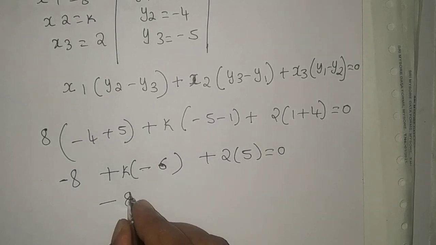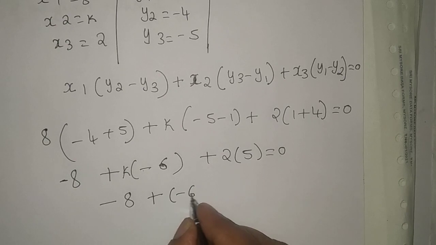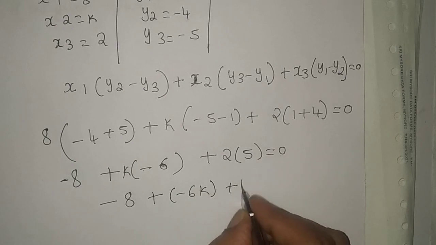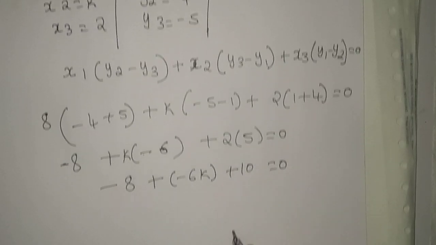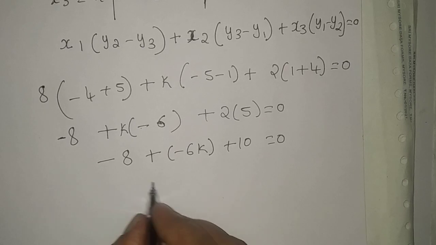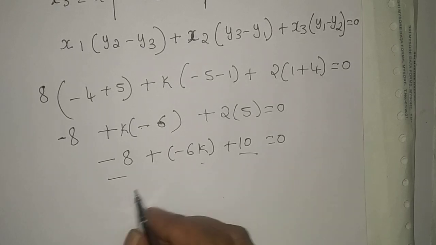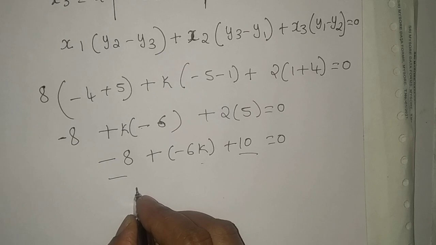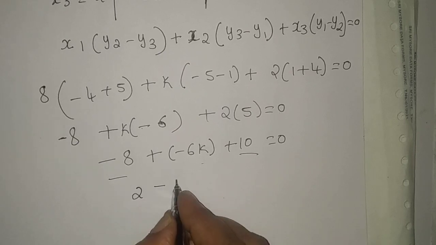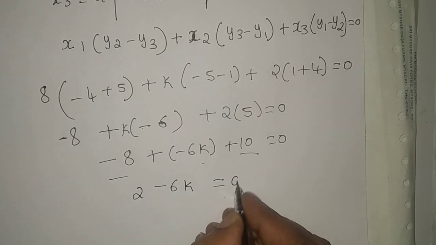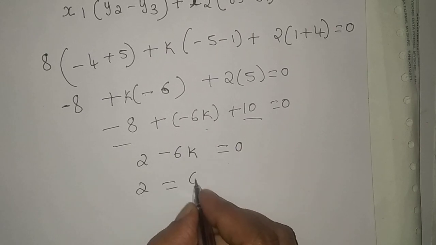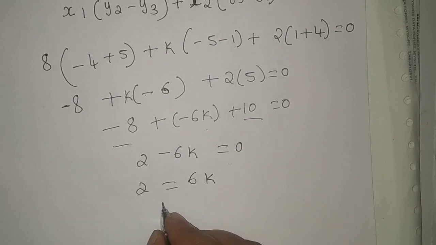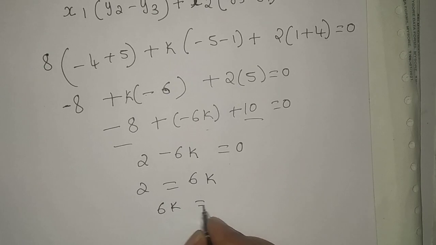Now further simplify: 8 minus 6k plus 10 is equal to 0. Now simplify all these unknowns and numbers, we get 2 minus 6k is equal to 0. Then 2 is equal to 6k. Therefore 6k is equal to 2.